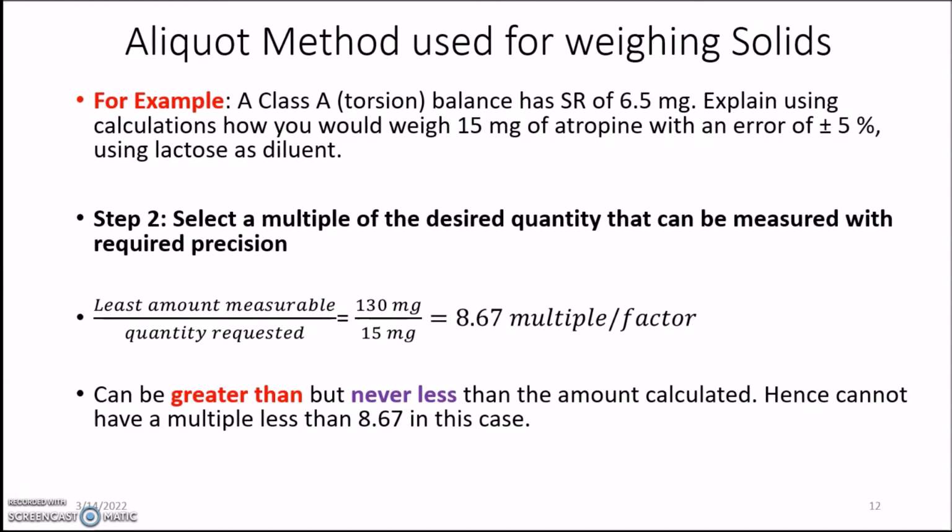Just consider that if each gram of these powders costs, say, $20, you want to be as conservative as possible in terms of the amount you're weighing and measuring. So we're going to use a factor of 8.67 for this calculation.